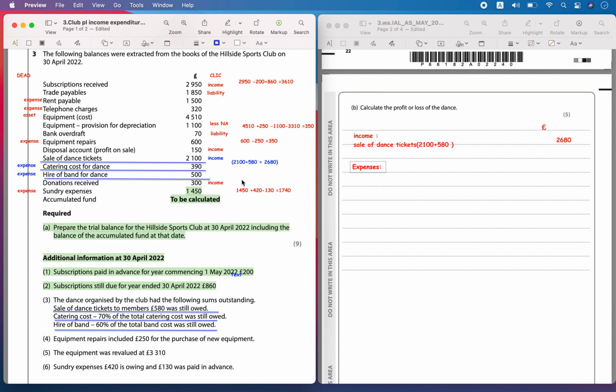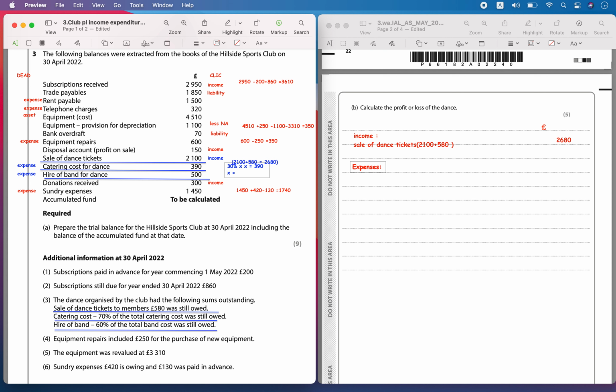So 30 percentage of some x is equal to 390. Let's calculate the actual x value, because 70% was still owed.